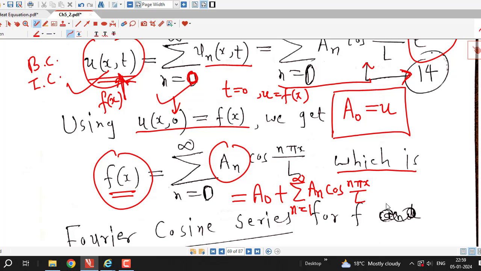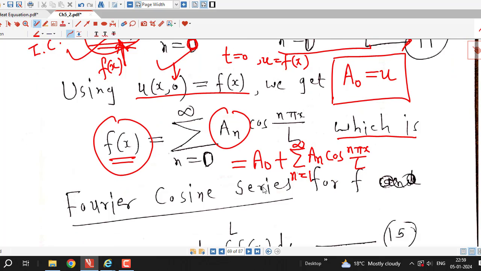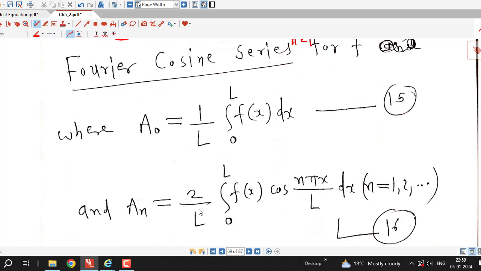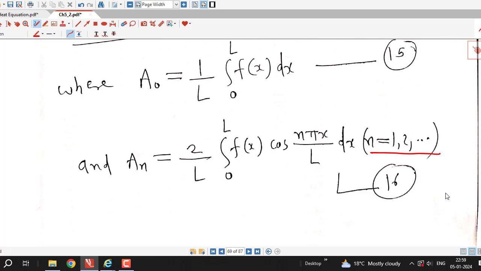And we know that a0 is given by this formula, 1 by L integral from 0 to L f(x) dx, and this a_n is given by 2 by L integral 0 to L f(x) cos(n pi x over L) dx, and n takes the values 1, 2, 3 and so on.